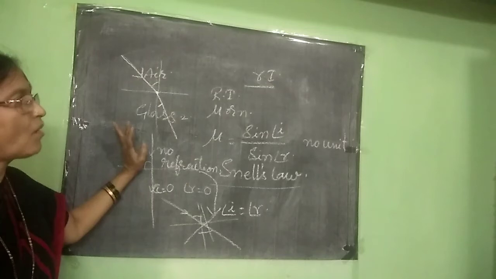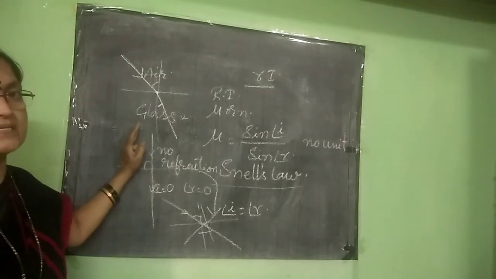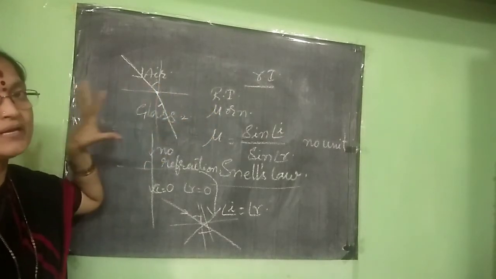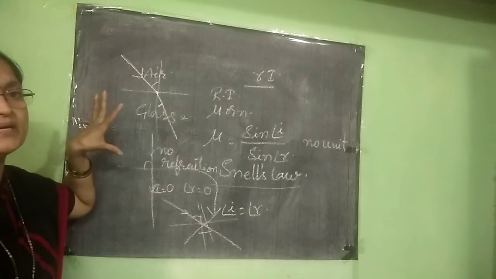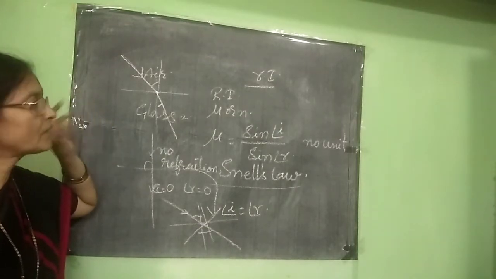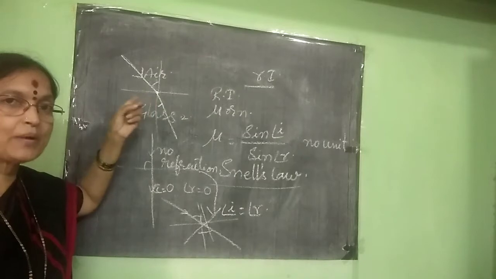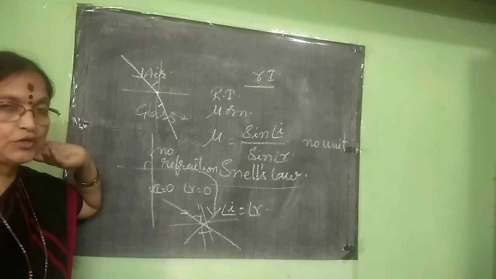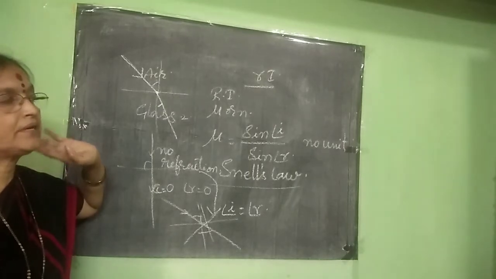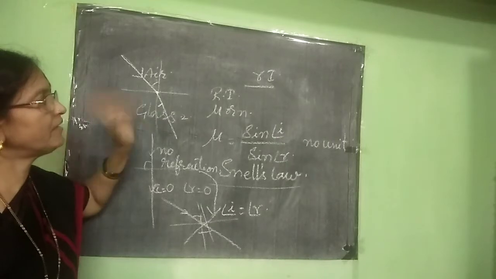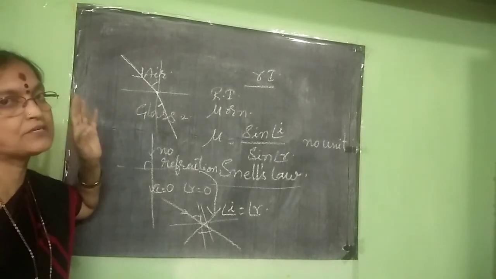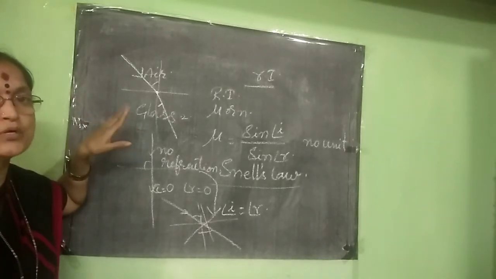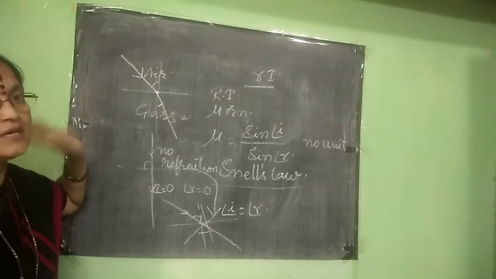Secondly, it also depends upon the optical densities of the media, so the refractive index is directly proportional to the optical density. Next, it depends upon the color or the wavelength, the speed of the light when it is passing from one medium to another medium. The refractive index is inversely proportional to the speed or velocity of the light.